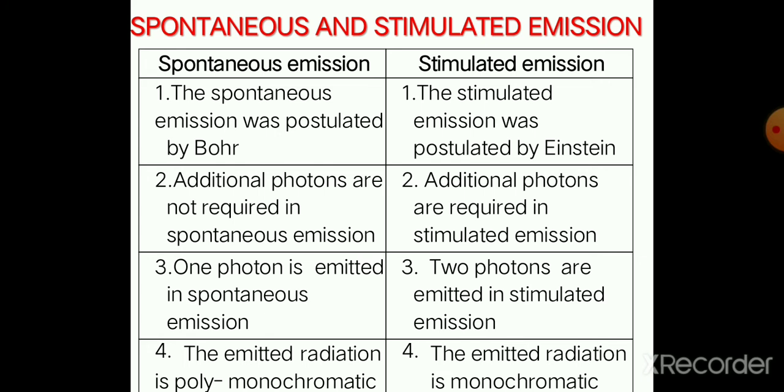Additional photons are required in stimulated emission. Third one, one photon is emitted in spontaneous emission and two photons are emitted in stimulated emission. Fourth one, in spontaneous emission, the emitted radiation is polychromatic. In stimulated emission, the emitted radiation is monochromatic.